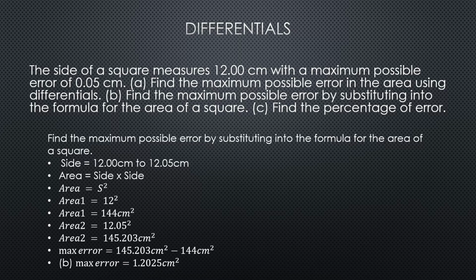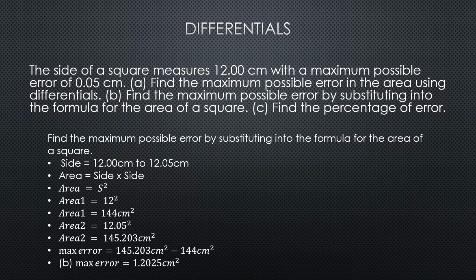So we've got our area at 12 centimeters, that's 144 centimeters squared. We've got our area at 12.05 centimeters, and that gives us an area of 145.2025 centimeters squared, and we subtract those two and we see that we get almost the exact same answer that we had when we used calculus and took the derivative and did the differential.